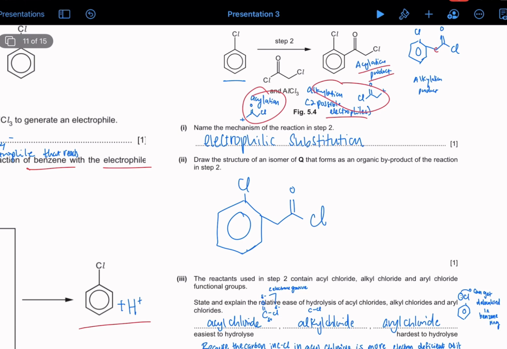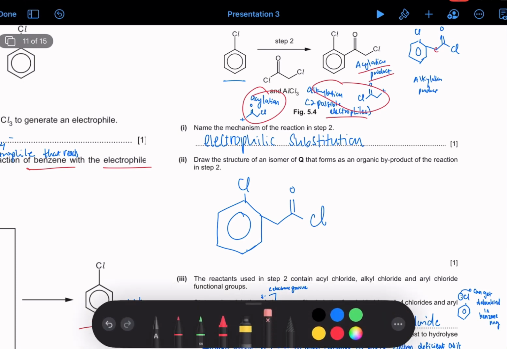Again, question II. Draw the structure of an isomer of Q that forms as an organic byproduct of the reaction in step 2. So for this one, it would be your alkylation product. So this is the end product.